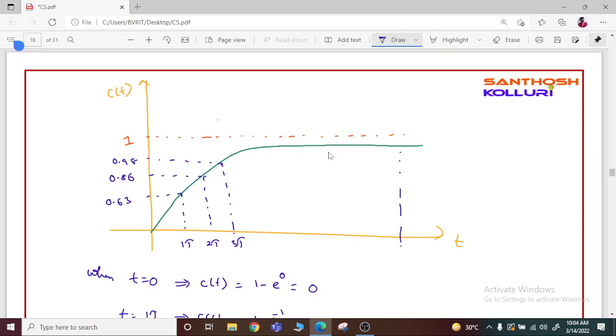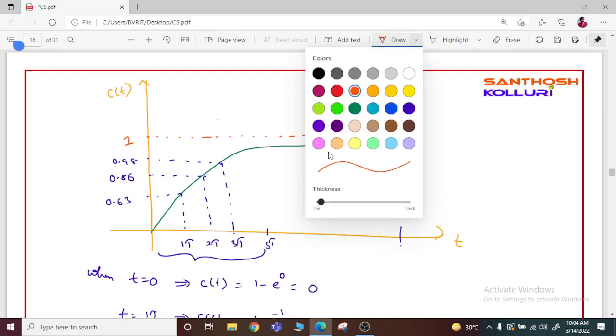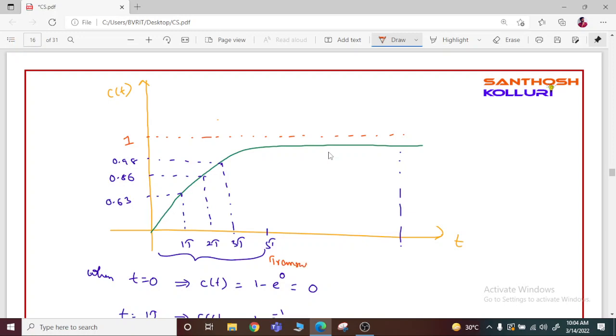And up to 5 time constants, this is the response called the transient response, and after 5 time constants this can be called the steady state response. And this difference between the actual value and the obtained value is called error. So that's why in the steady state analysis we will be calculating the error in the given time response.